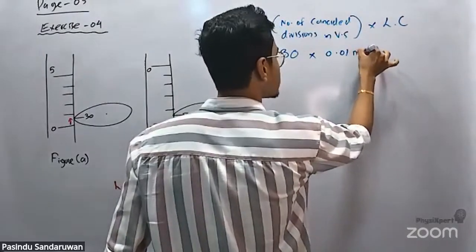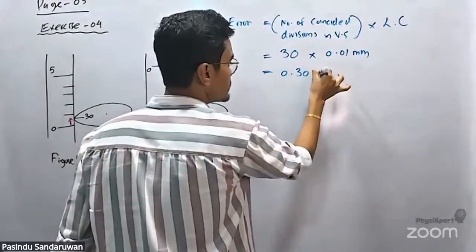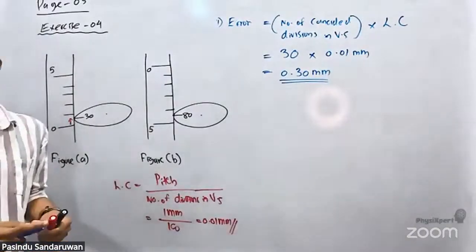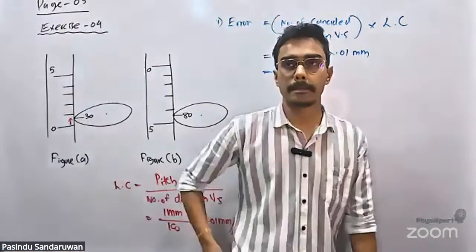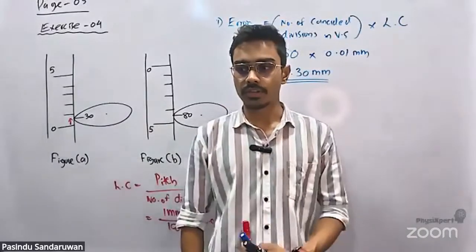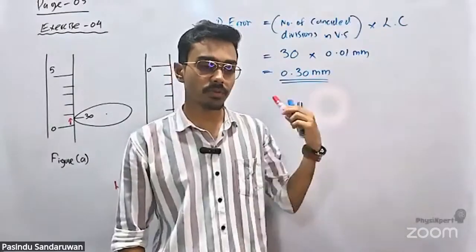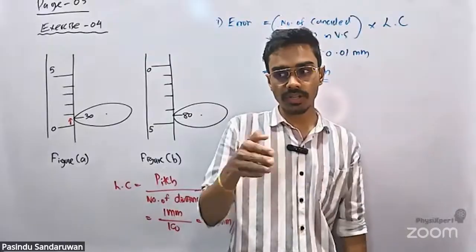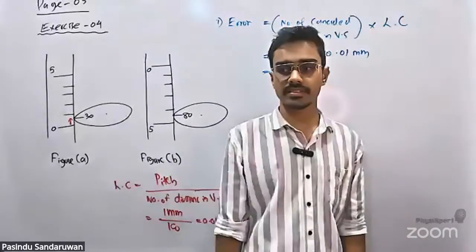Into least count, 0.01 millimeters. Simplify this, it gives 0.30 millimeters. So the error this instrument has is 0.30 millimeters. Right? Now, as I told you, mentioning the zero is also important, because in measuring instruments, 0.3 and 0.30 are two different values, right?